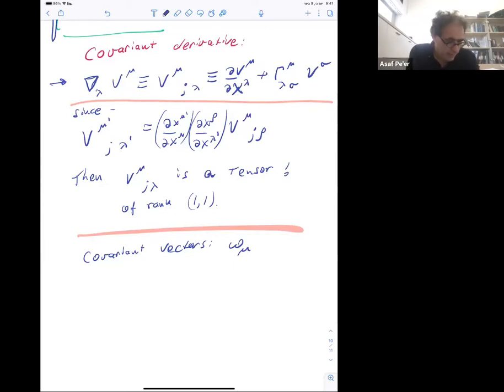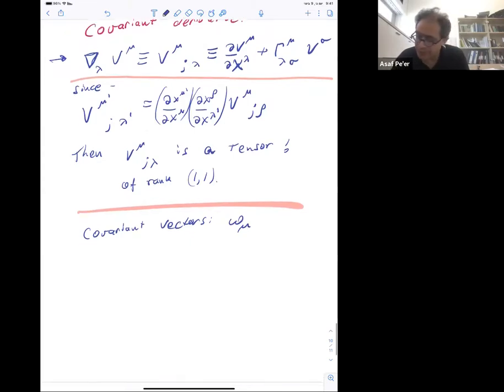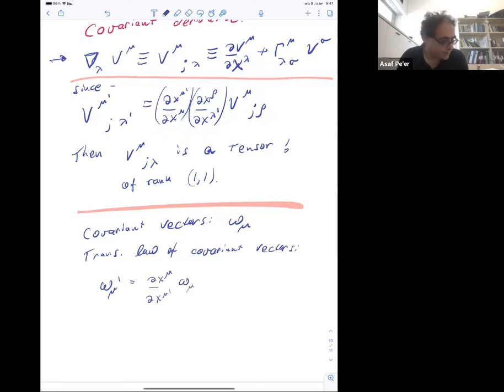Okay. Covariant derivative of covariant vectors. So again, we have the transformation law of covariant vectors, right? Transformation law of covariant vector: omega mu prime equals dx mu over dx mu prime omega mu.